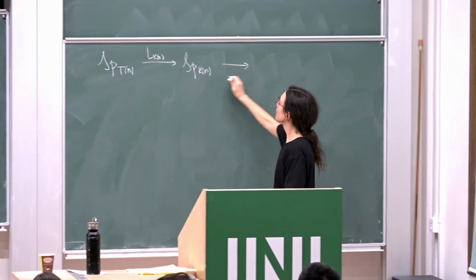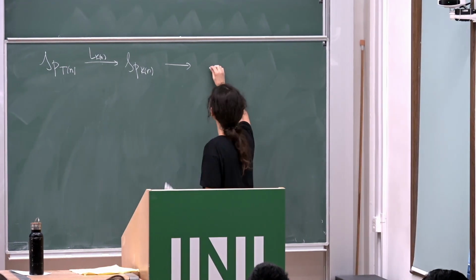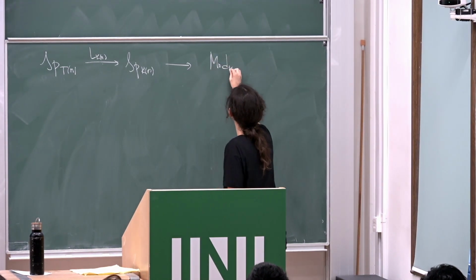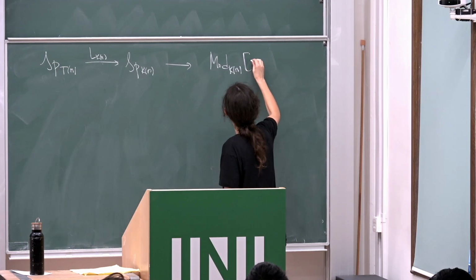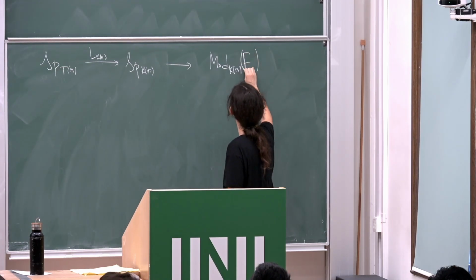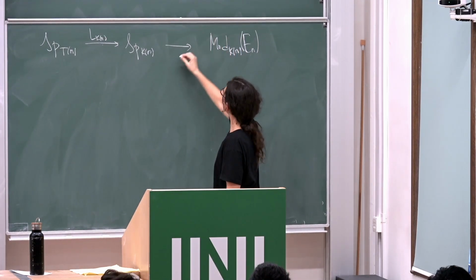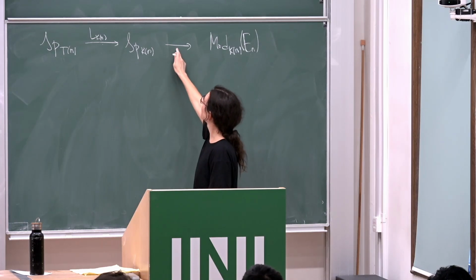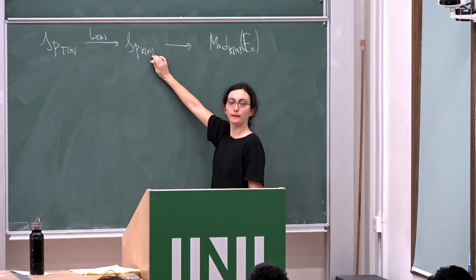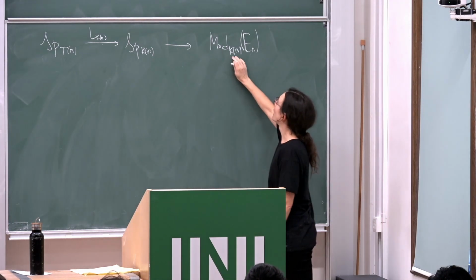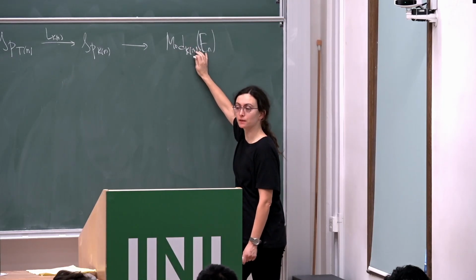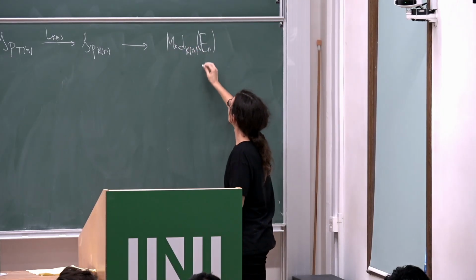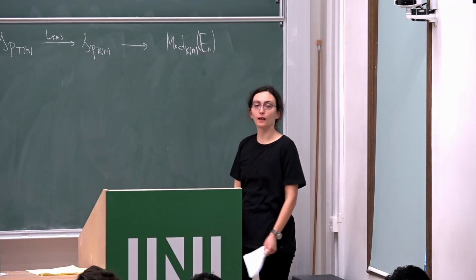And then we can again look at this functor to Kn-local En-modules. I talked last time about the fact that we can get the Kn-local category as the homotopy fixed points of this easier category.